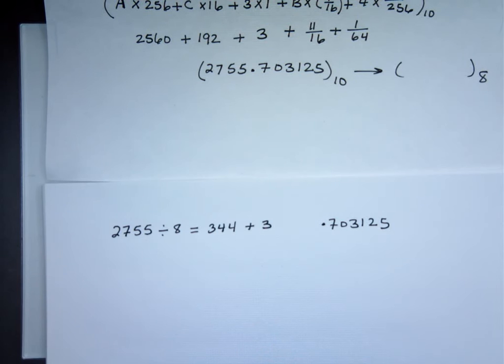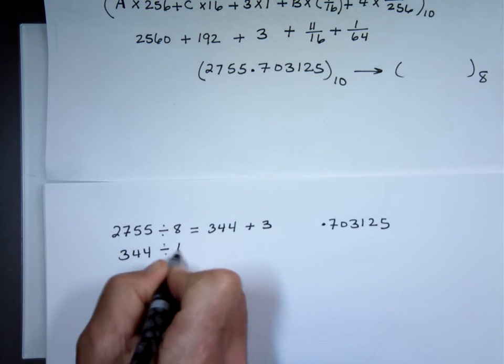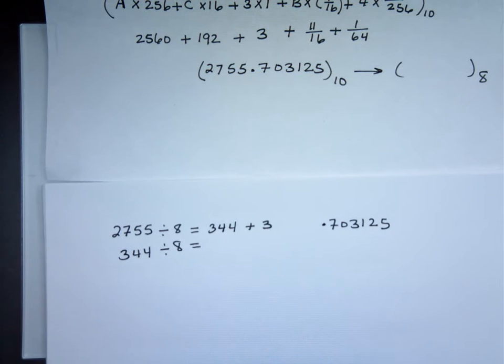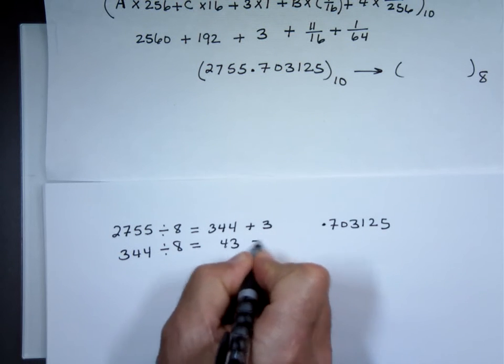Is that 3, the remainder? Now we take the 344, we divide it by 8. 43, remainder is 0.